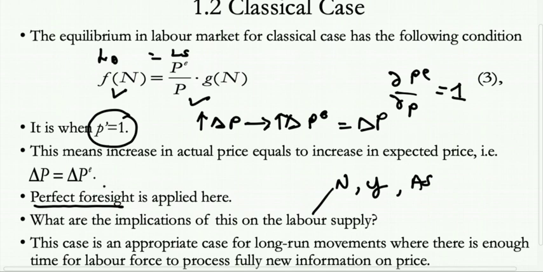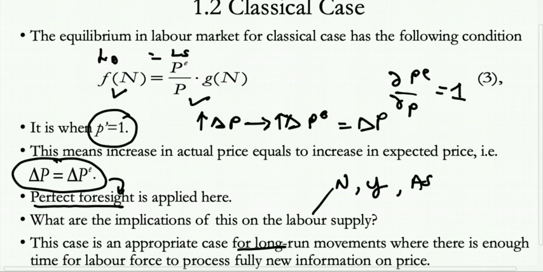So here, the adjustment can be done in the long run, because people have this history about what happens to the actual price, and they can expect better. That's why this is an appropriate case for long run movement, where there is enough time for the labor force to fully process new information on price. In the previous case, when there is no change in the expected price, that's because the time is still limited. That's why you have money illusion.